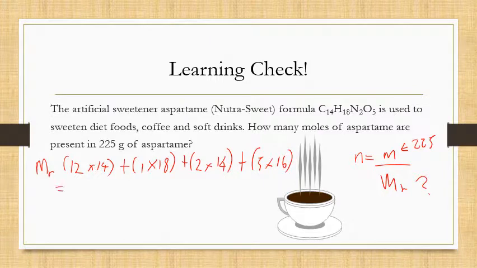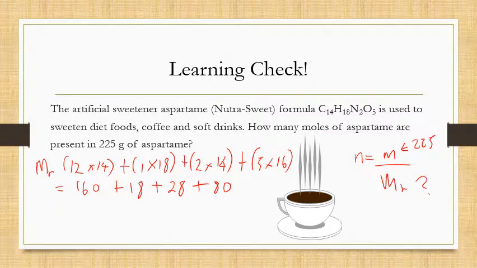So that will equal, 12 times 14 is going to be 168, plus 18, plus 28, plus 5 times 16.